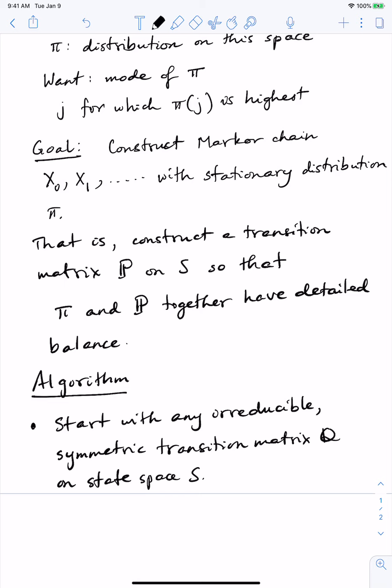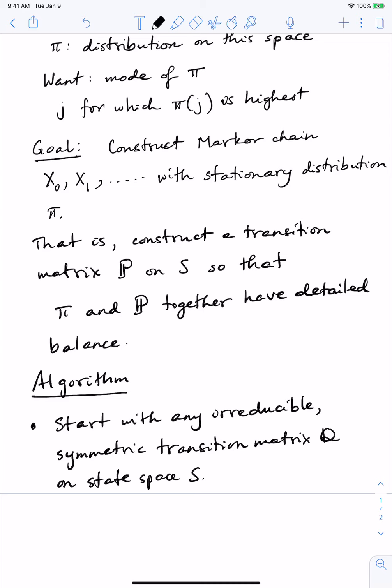Now, Q can be very simple. It can be just, I will move from one decoder to the two nearest ones with probability half each. That would be fine. That will work as a symmetric transition matrix. But of course, that's not got anything to do with the pi that we started with. So we have to introduce that pi somewhere.